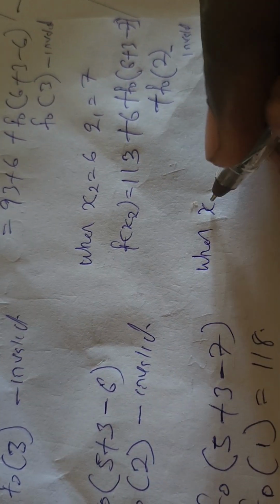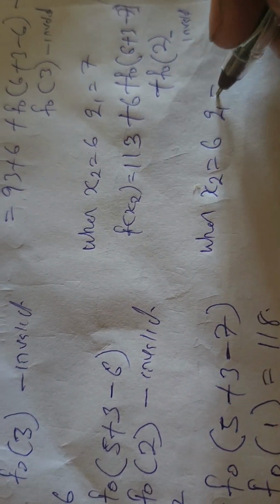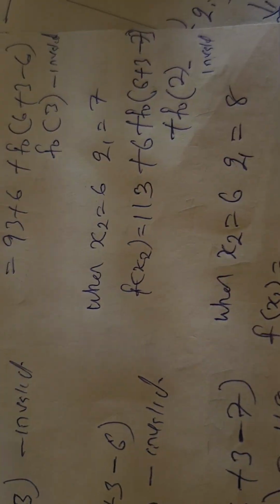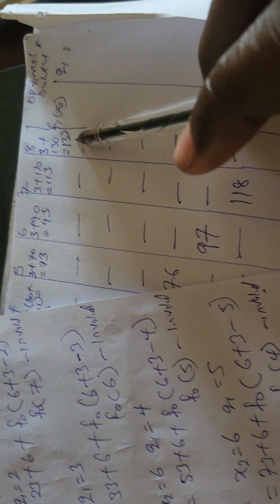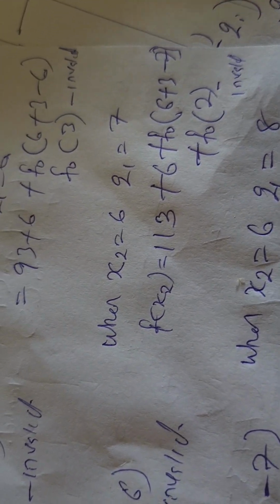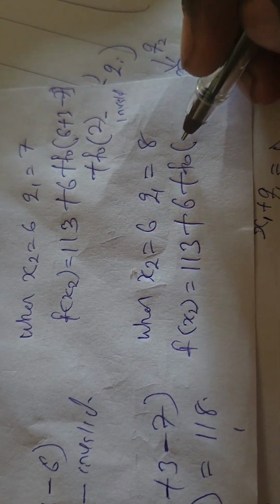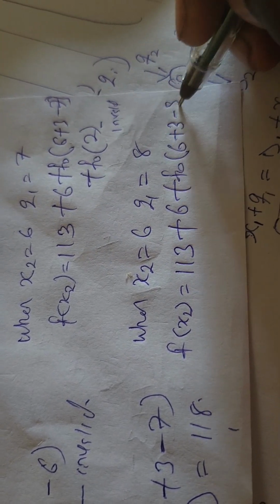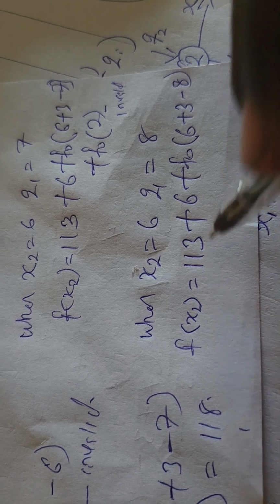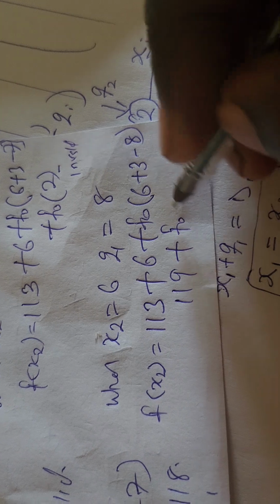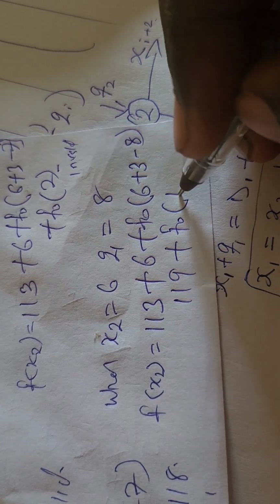So to the last one now, when x2 is equal to 6, q1 is equal to 8, f of x2 is equal to the purchase and setup cost here is 133 plus 6 plus 3 minus 8. 113 plus 6, that's 119, plus f naught, 9 minus 8, that is 1.